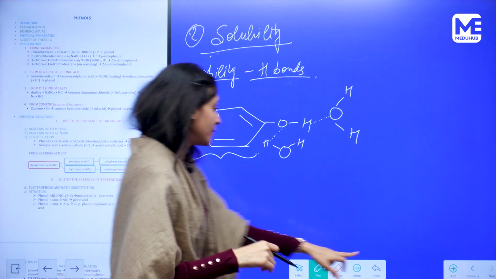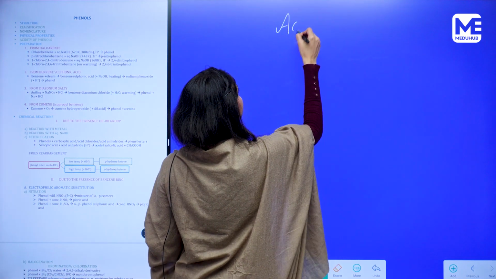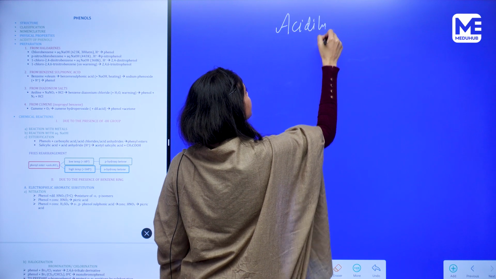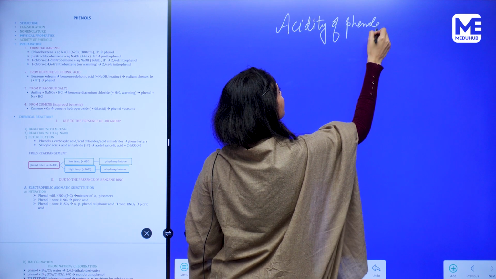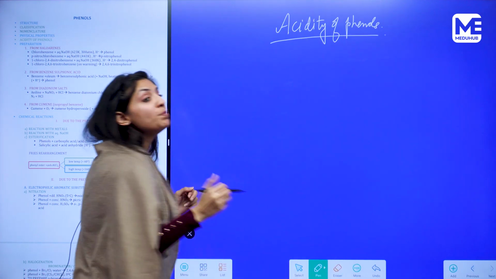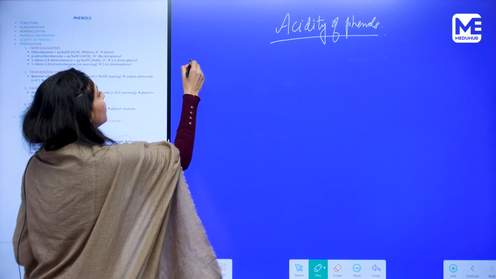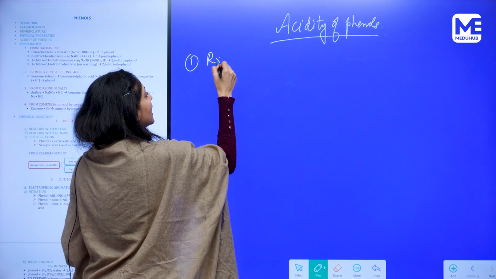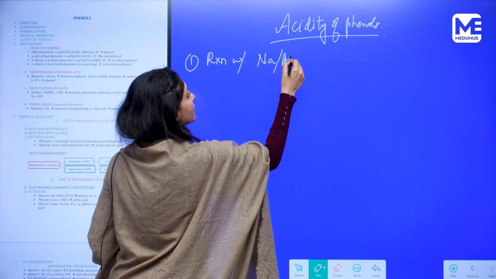Next very important topic is acidity of phenols. There are two major reactions which show us that phenols are acidic in nature. One is the reaction with metals like sodium or aluminium.